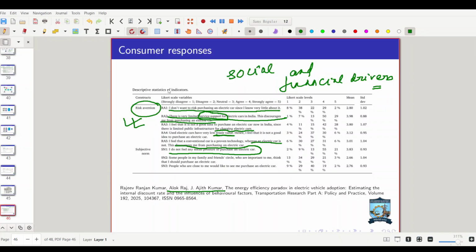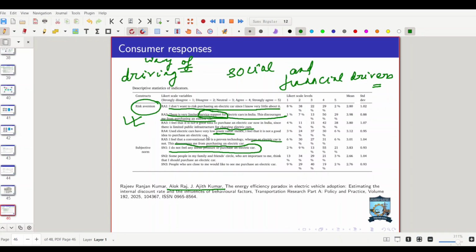And regarding energy efficiency, it depends on the way of driving, because the same vehicle which can give you a 200 or 250 kilometer range may give a 100 kilometer range if it is not driven very responsibly.